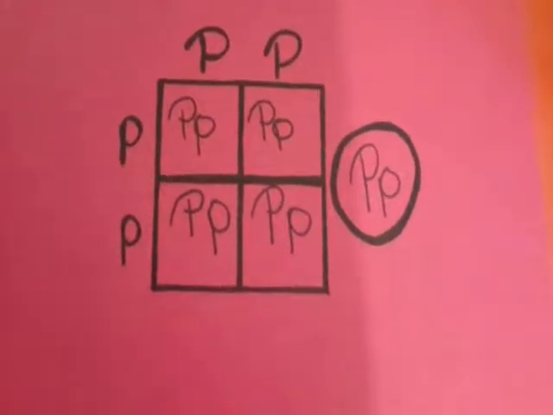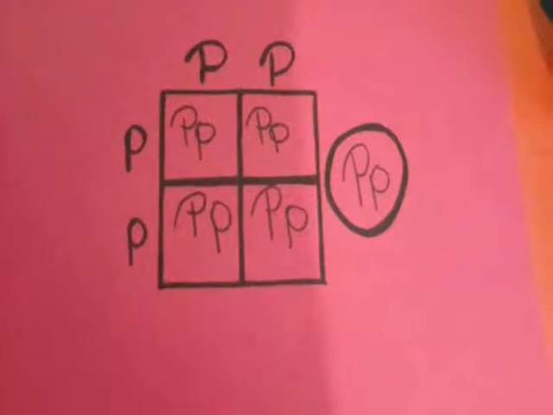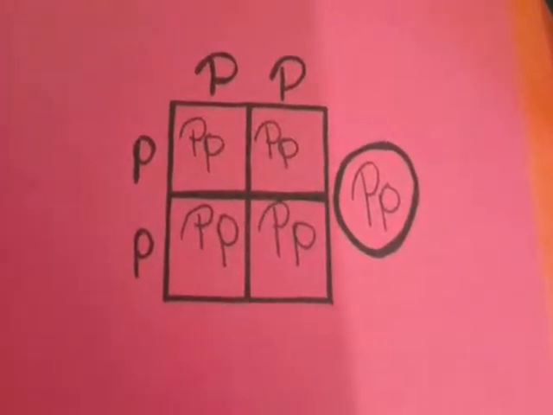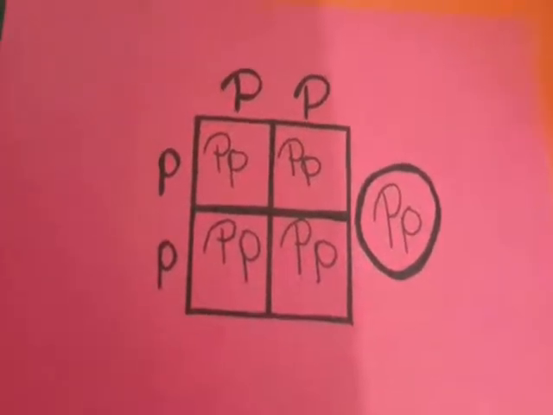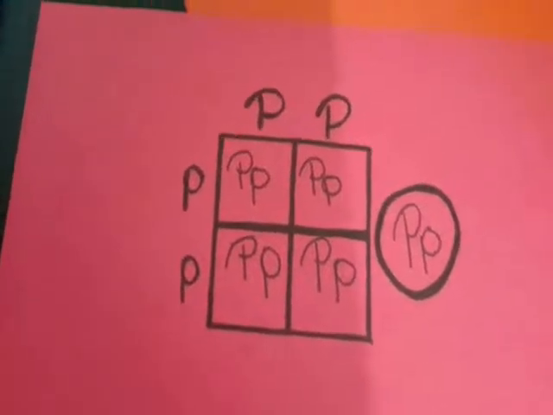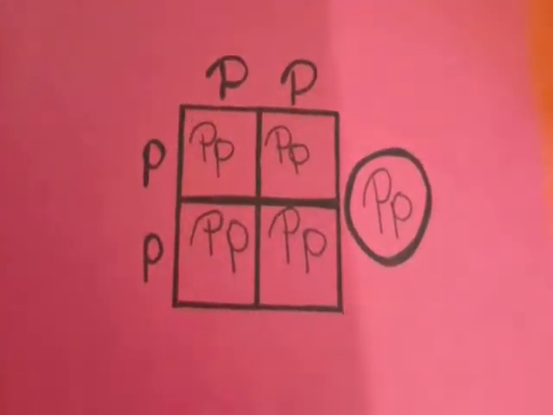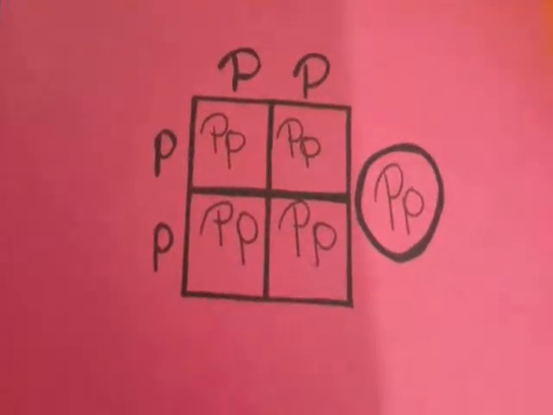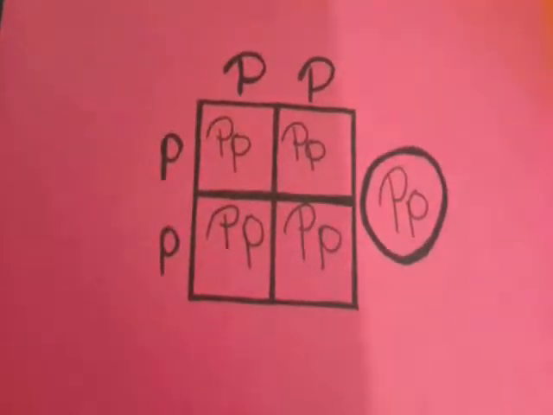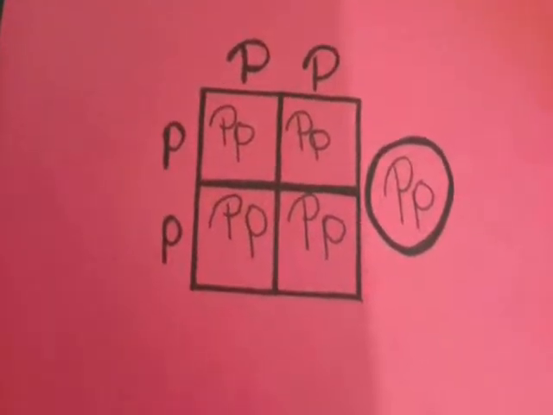Now I'm going to explain a Punnett square. A Punnett square is a chart which shows all possible gene combinations in a cross of parents. Here I crossed two different traits. The characteristic is the color of the flower.